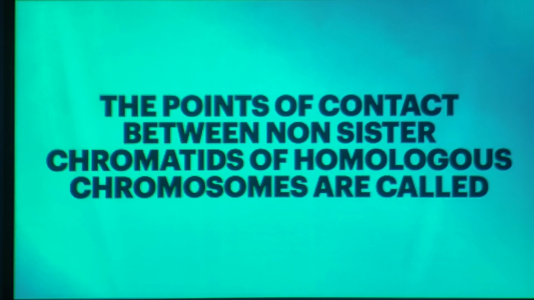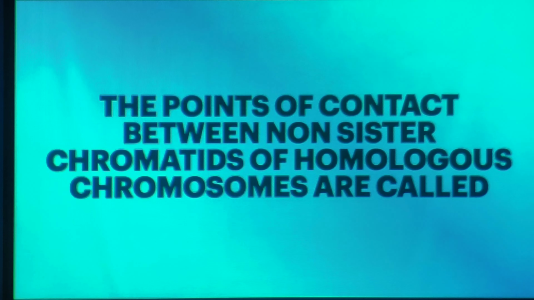The points of contact between non-sister chromatids of homologous chromosomes are called chiasmata. After crossing over, chiasma starts to move towards the terminal end of the chromatids. This is known as terminalization.